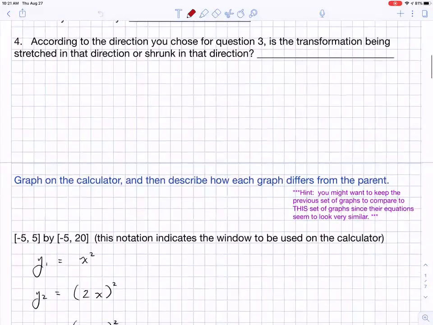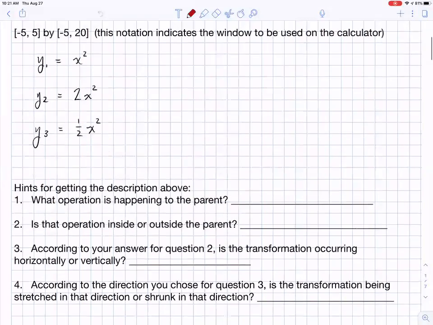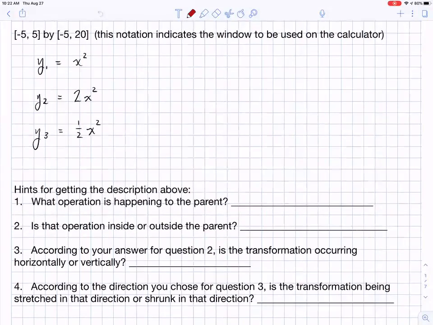You said it was stretching? For the third one, that's shrinking. The second one is stretching. Hang on. This one here is a vertical stretch by 2. Okay, why is it 2?